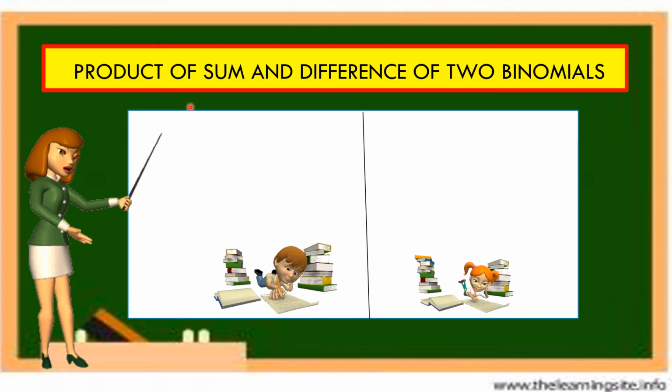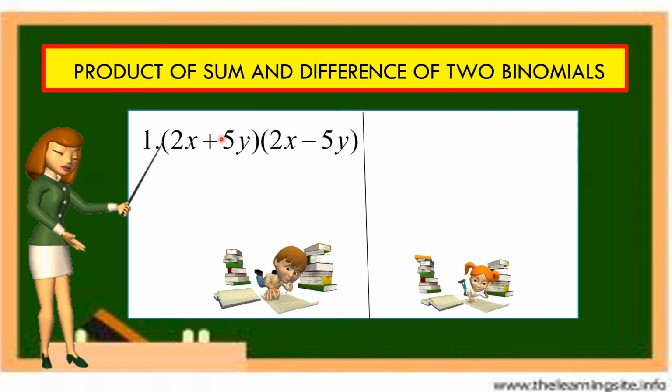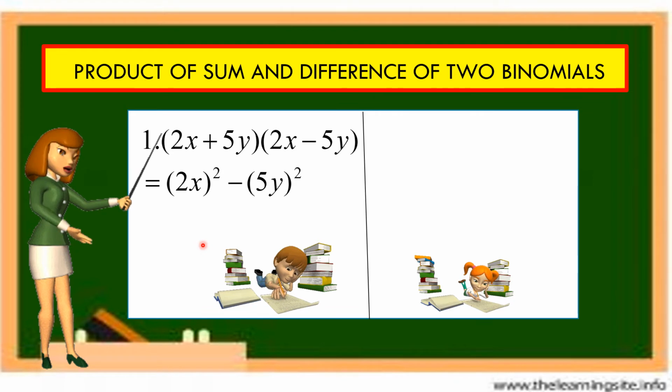We have sum and difference of two binomials. So we have the given, the quantity of 2x plus 5y times the quantity of 2x minus 5y. The first step is to square the first term minus the square of the second term. So what is the first term? That is 2x quantity squared minus 5y quantity squared.